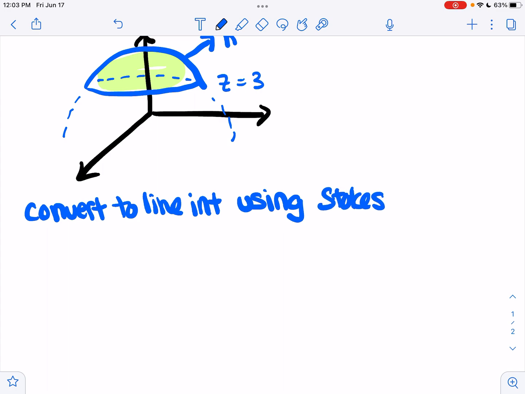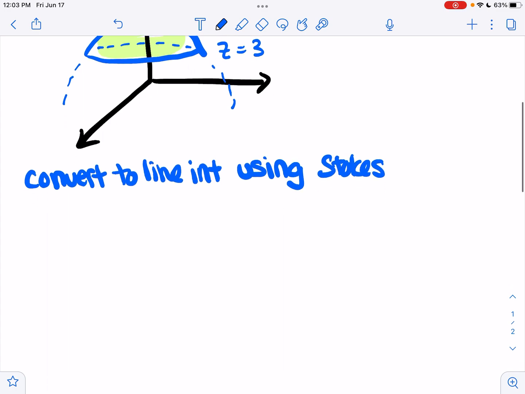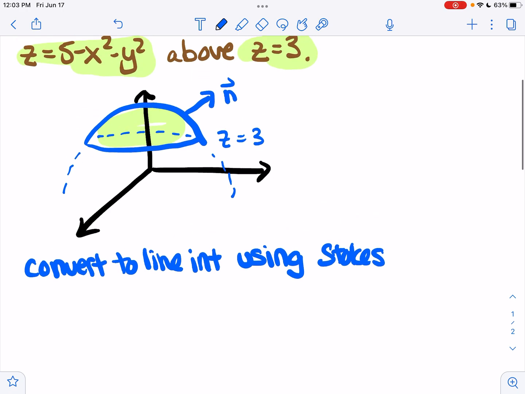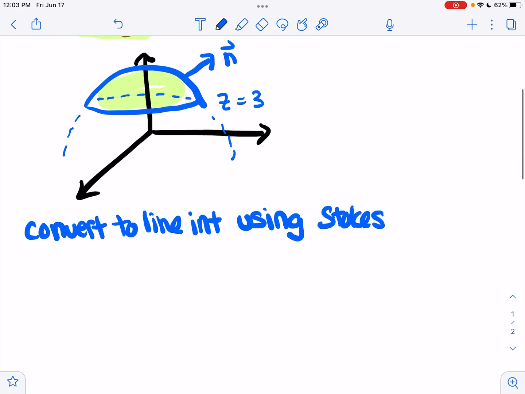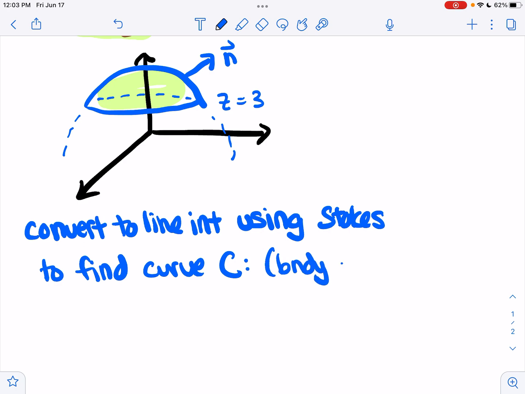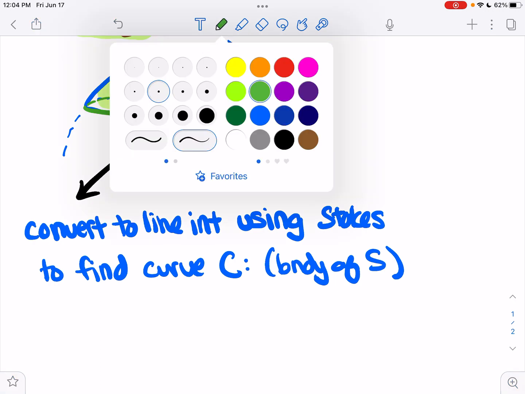Stokes theorem. So what do we need in order to do that? We need to know the line itself. So to find the curve, C, that's the boundary of our surface S. So the boundary of our surface S is this particular circle right here. How do we find the equation of that circle?